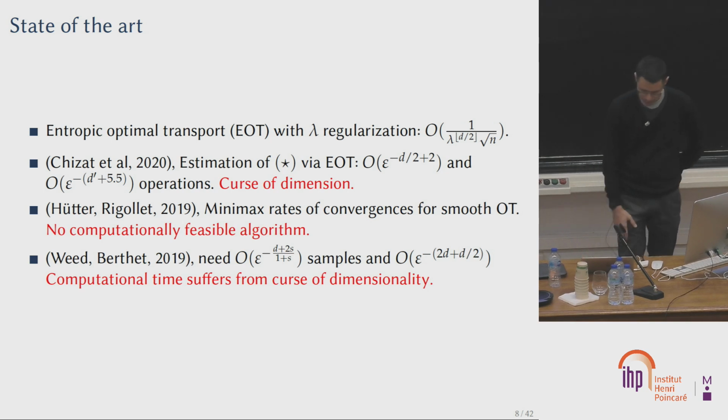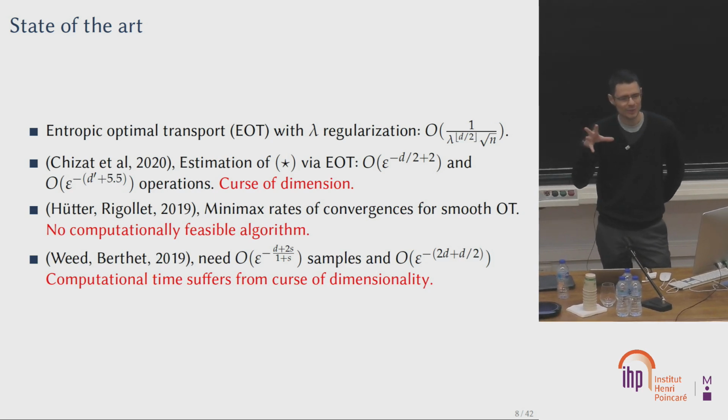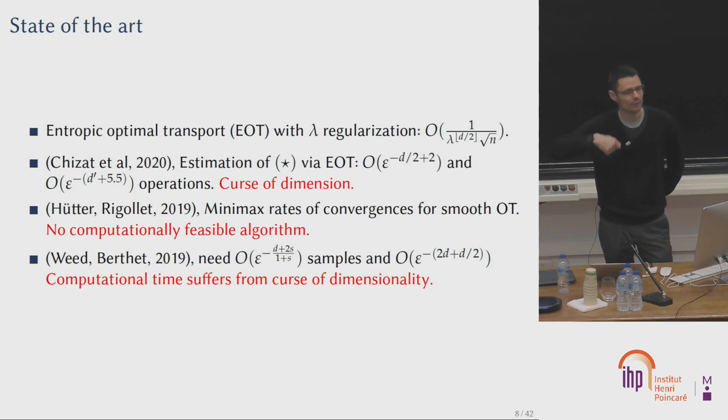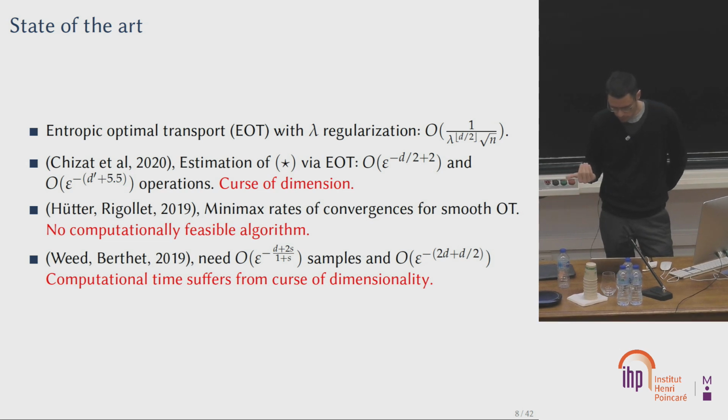And now Weed and Berthet propose to estimate the densities using a wavelet estimator, then they resample from their estimation, and then they compute optimal transport using a standard algorithm. But there is also a curse of dimension due to the computational cost.